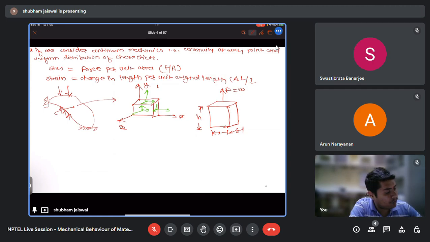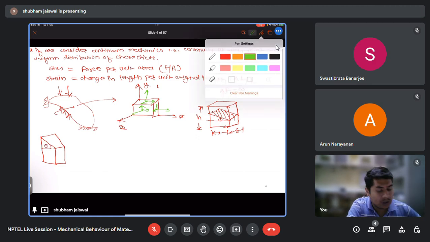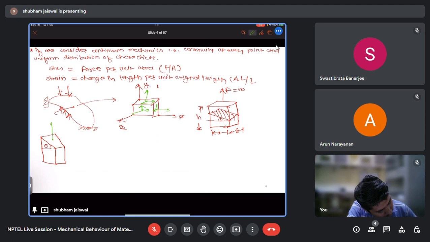So then they have calculated the stress at any random plane oriented at an angle of theta. Okay, so if we draw it here, if a plane is oriented at an angle of theta, then this force will generate some normal stress on this plane as well as some shear stress.